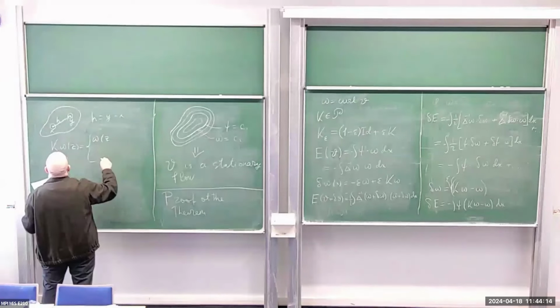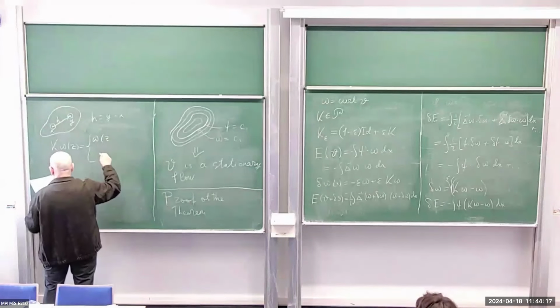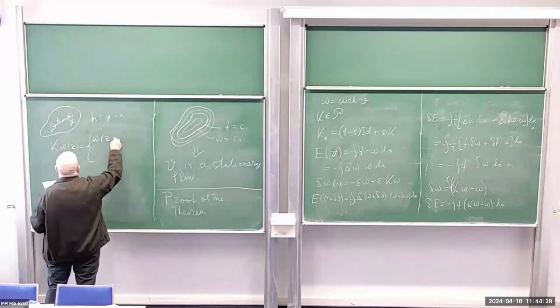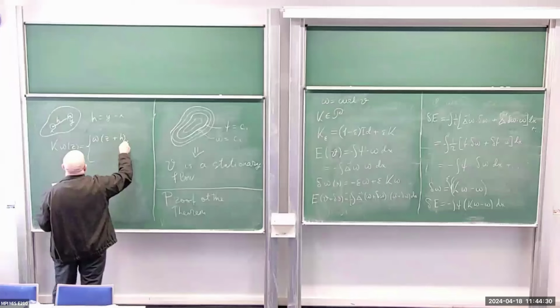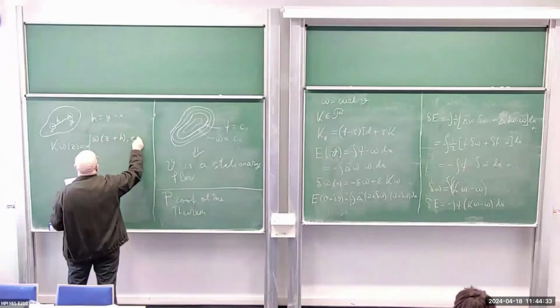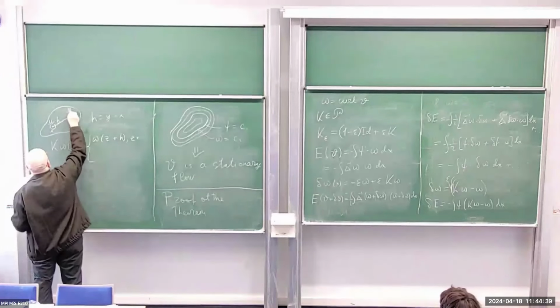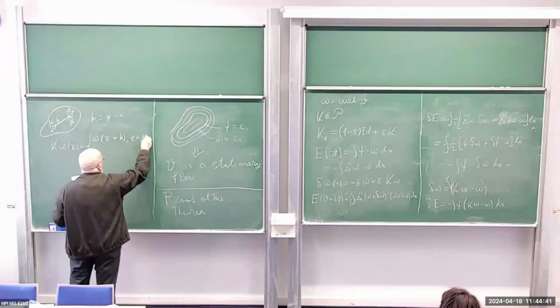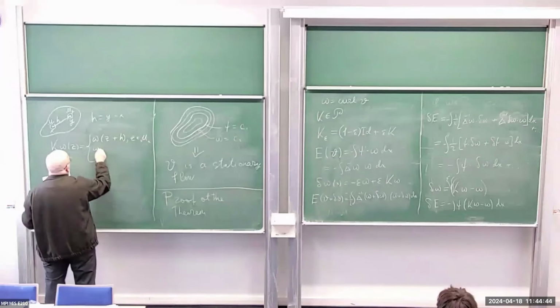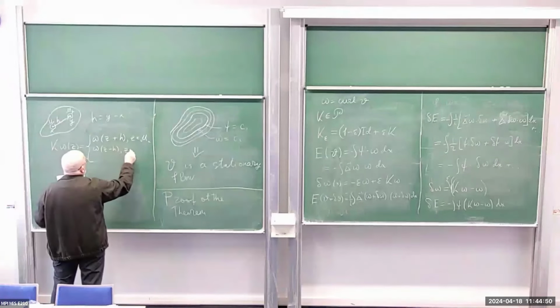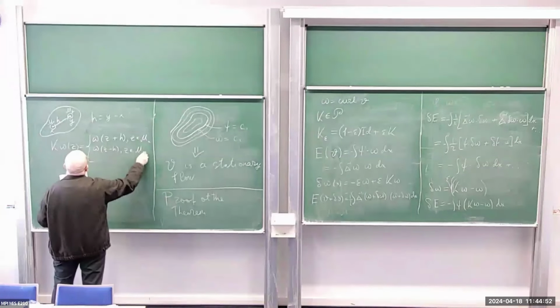Omega of Z plus H for Z in, let's call them, Mx and My. Omega of Z minus H for Z in My.